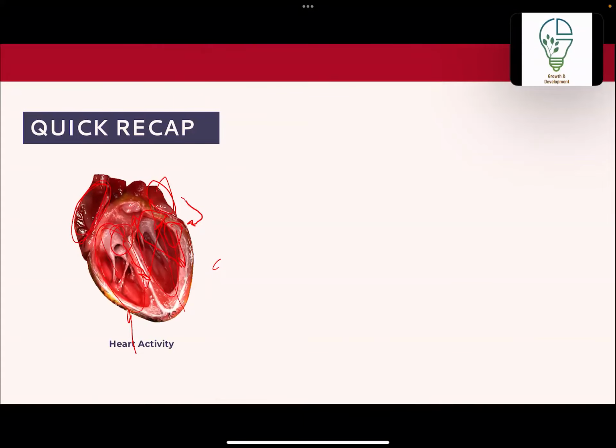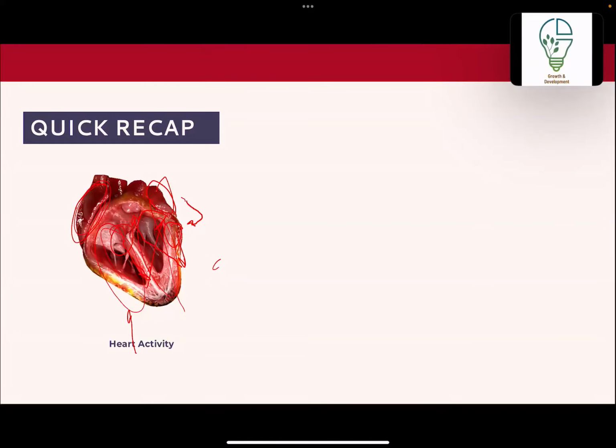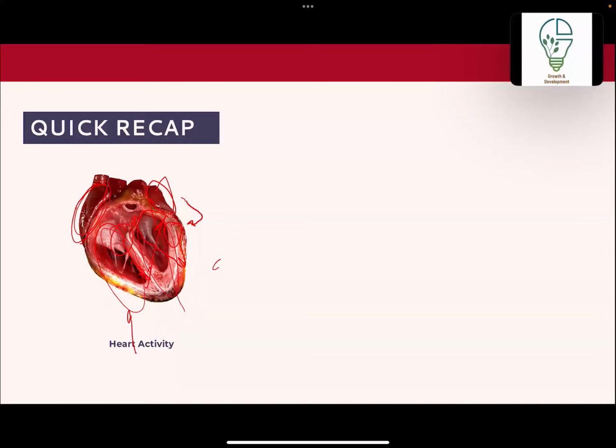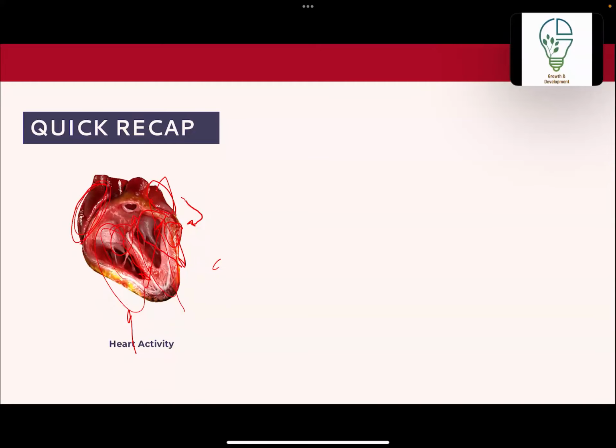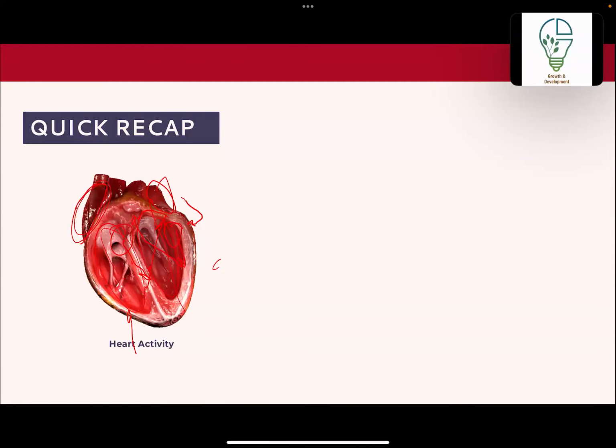Notice how the two atria are contracting before the ventricles. And how does this happen? It's a very complicated process, and it requires its own system.